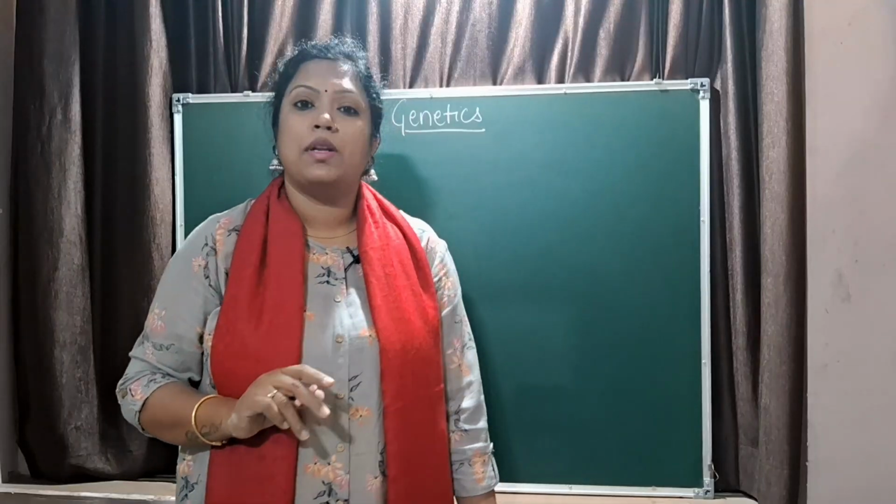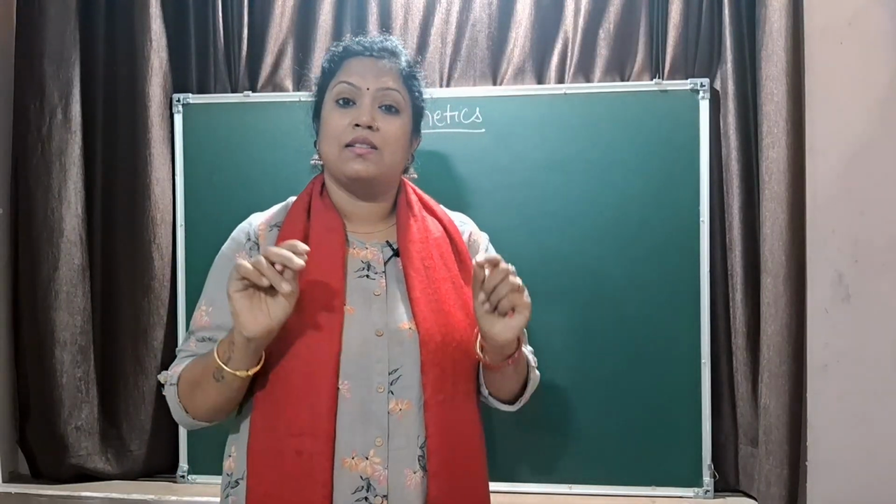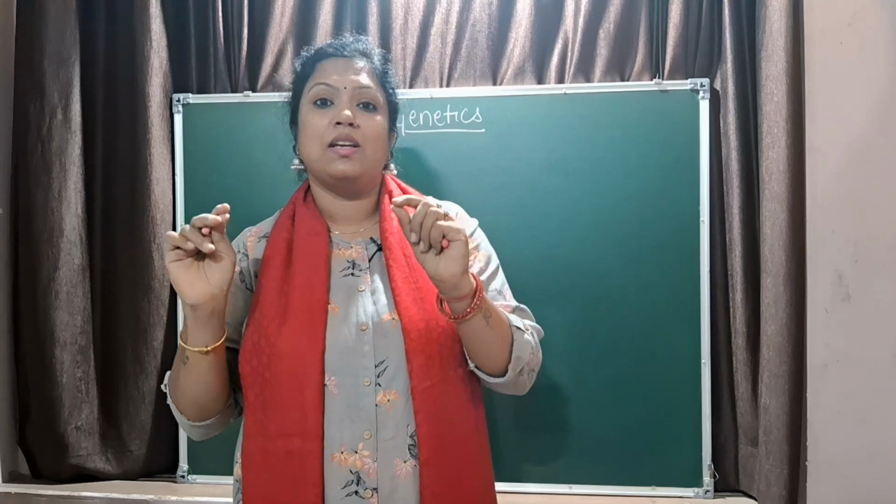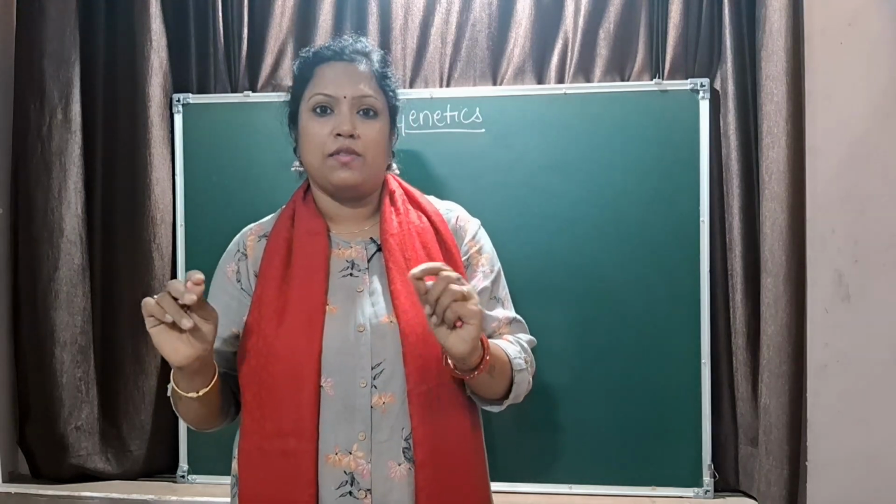Like law of dominance: out of the pair of the contrasting characters or traits of the character, the one which is dominant will express itself and the other remains suppressed. This is law of dominance.